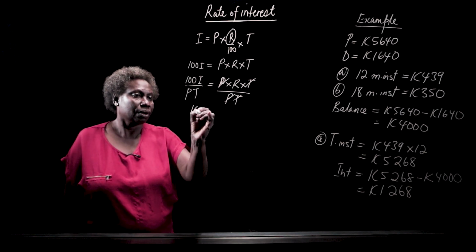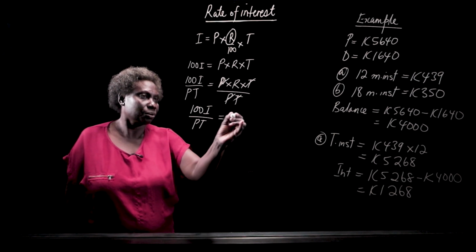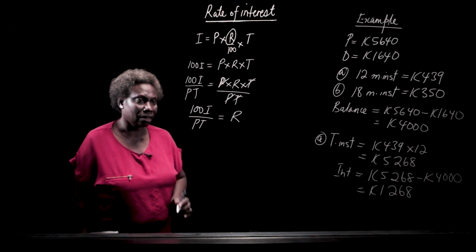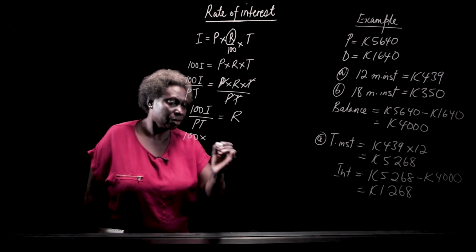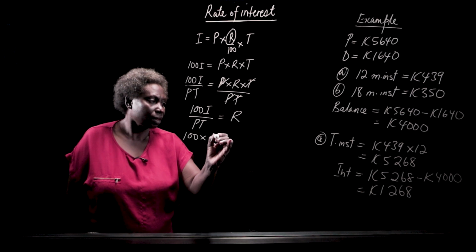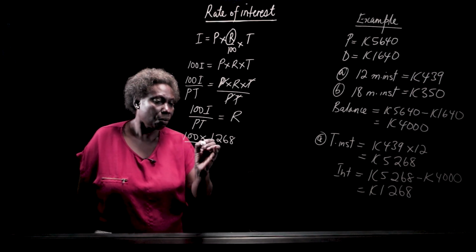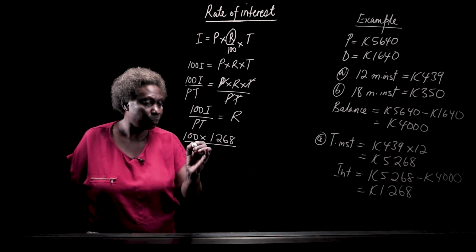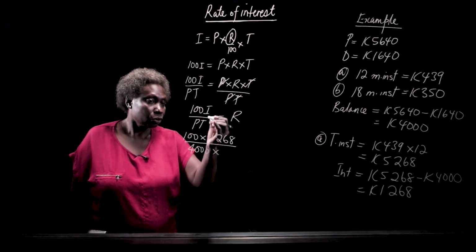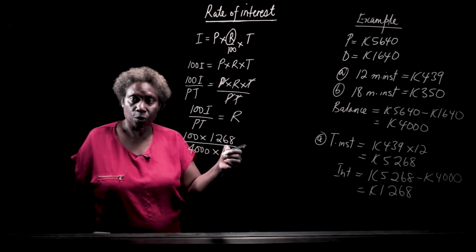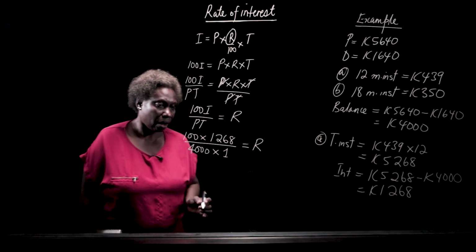Therefore, we have 100I over PT is equal to R. We have 100 times our interest, 1,268 kina, over the principal, which is the balance of 4,000 kina, times time, 12 months. So 12 over 12 is 1. We multiply by 1. That gives us R.